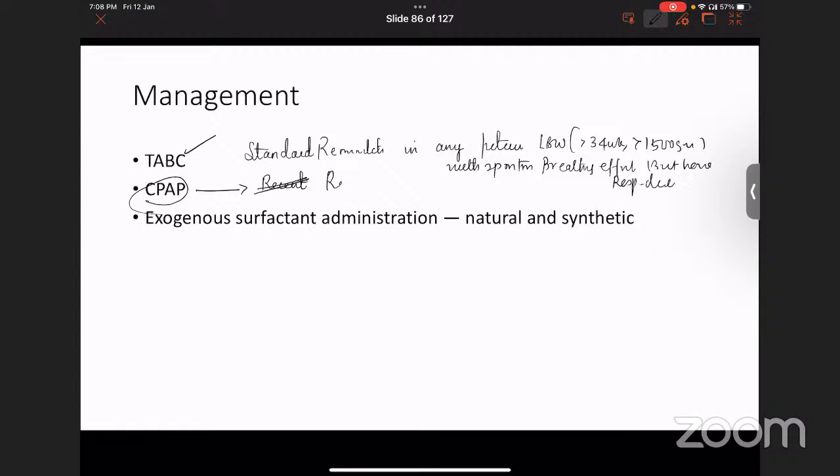Then you will have to start CPAP. What is CPAP? Which I will cover in the coming slide.